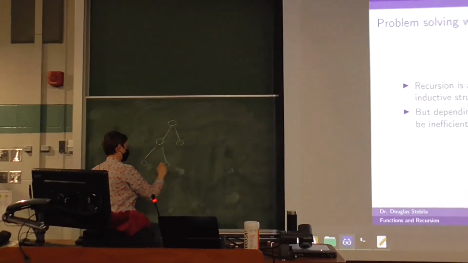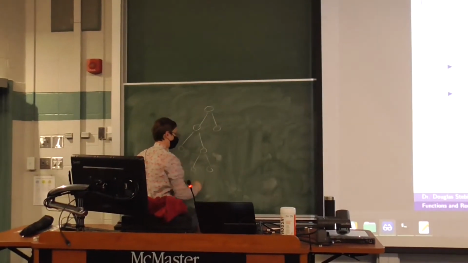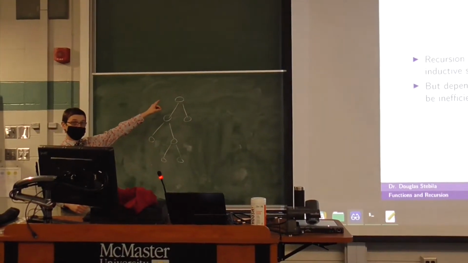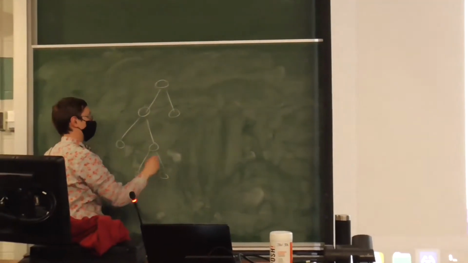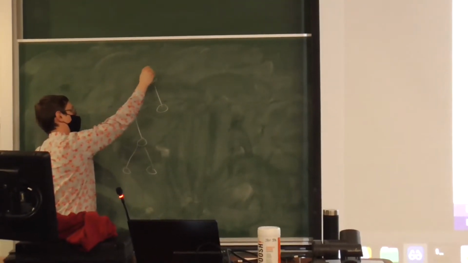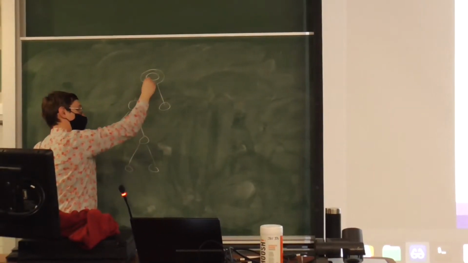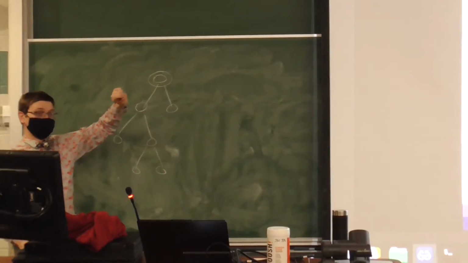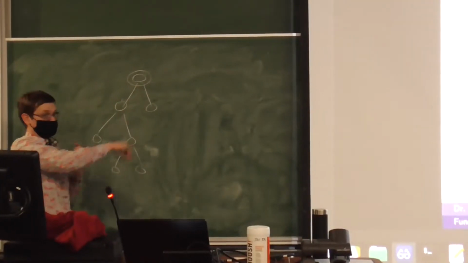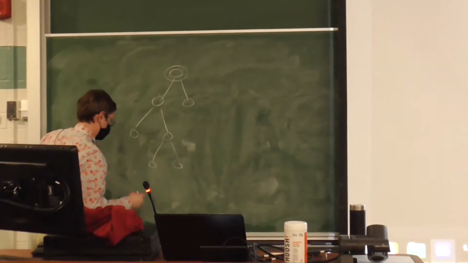You may have seen a diagram like this before, but a binary tree is a graph where you have nodes in the graph, and each node, starting with a root node, is linked to at most 2 other nodes. These are the child nodes, that would be the parent node. This is a binary tree structure. You'll see them if you go on and do more courses in this kind of stuff.